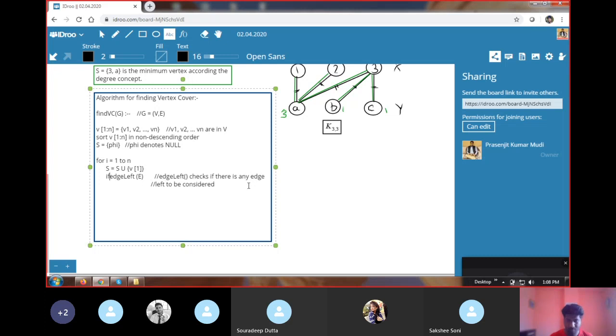So if edges are left, then you go for the next iteration.